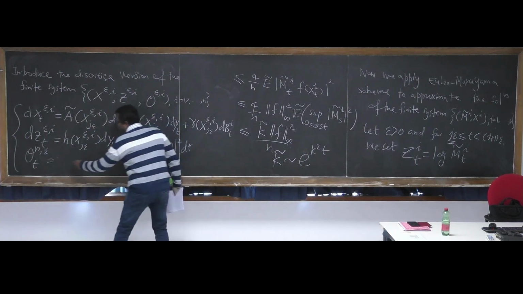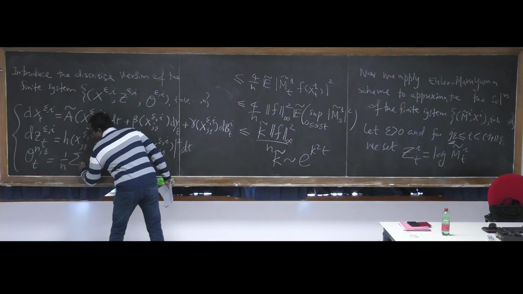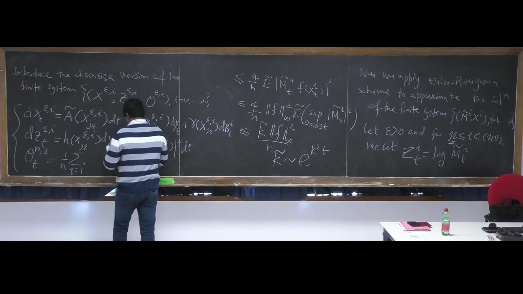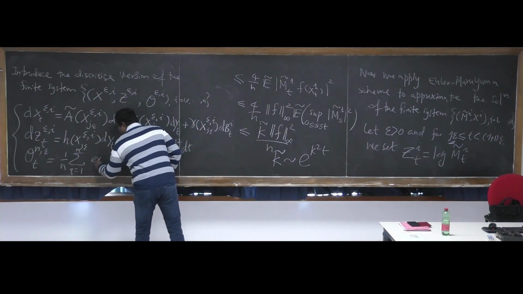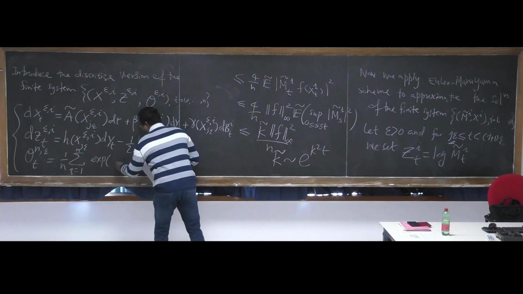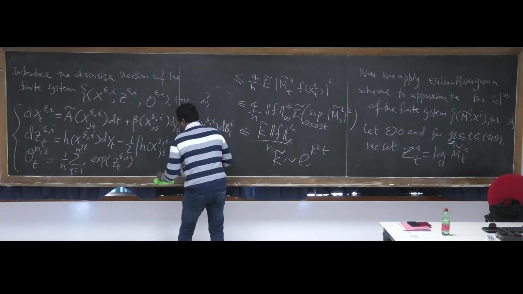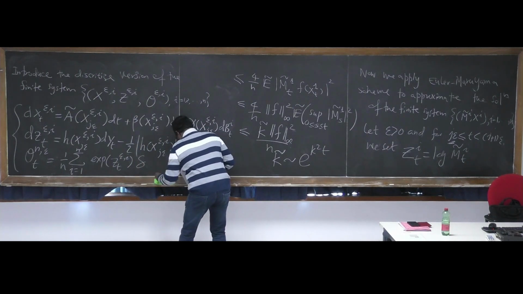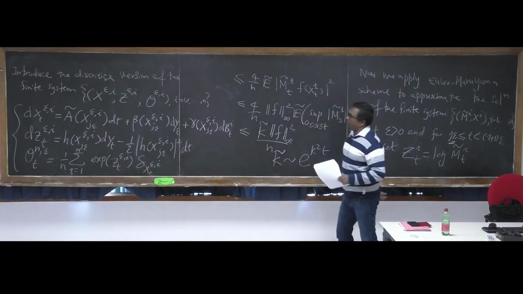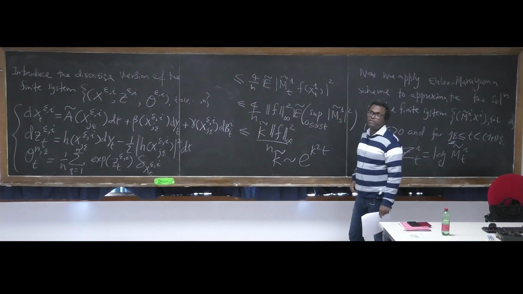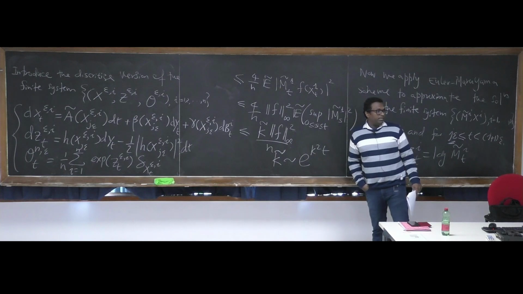This is 1 over n, the sum as i runs from 1 to n, of the exponential of Z_t^{epsilon,i} times the Dirac delta function sitting on X^{epsilon,i}_t. All right, now we have the discretized version of the finite interacting particle system.